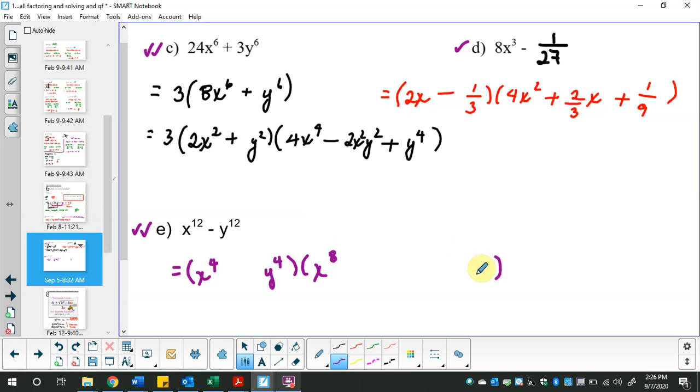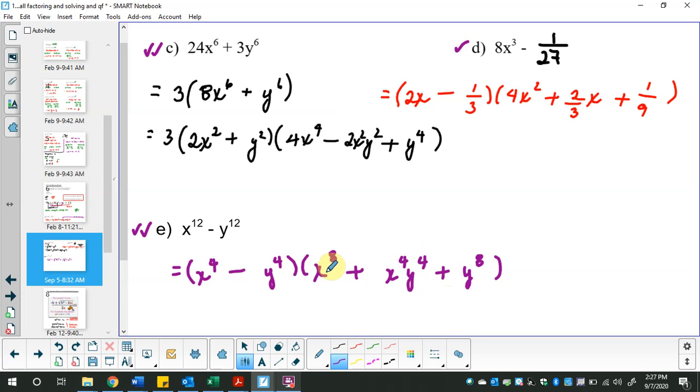Square, square. 4 of these and 8 of these goes back to 12 of these, so I haven't screwed this up yet. And then multiply them together in the center, which is just a smush. Keep it, change it, always plus.